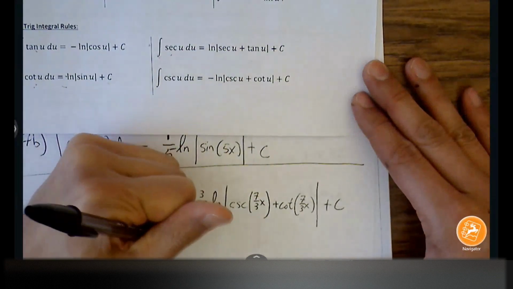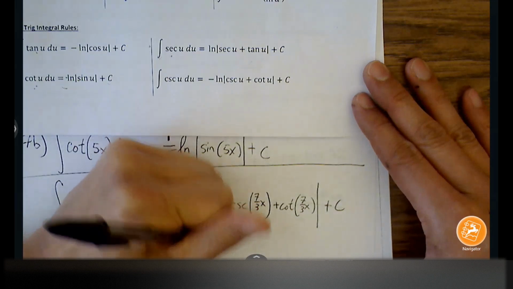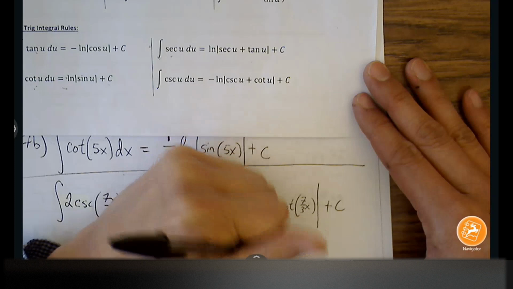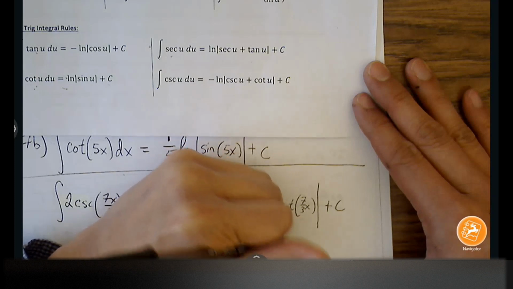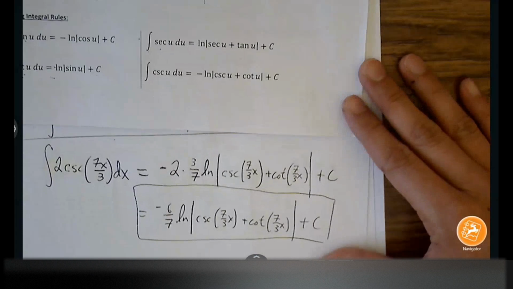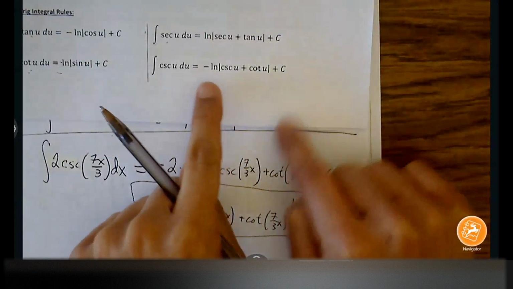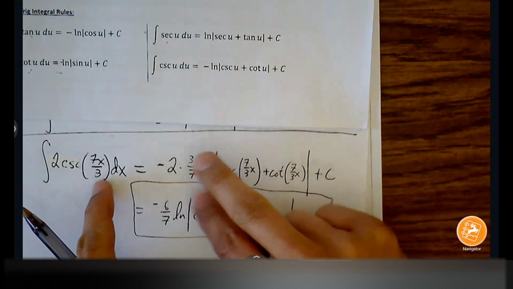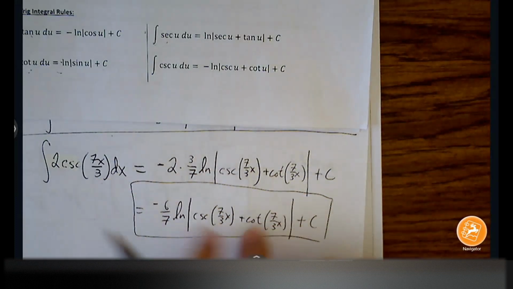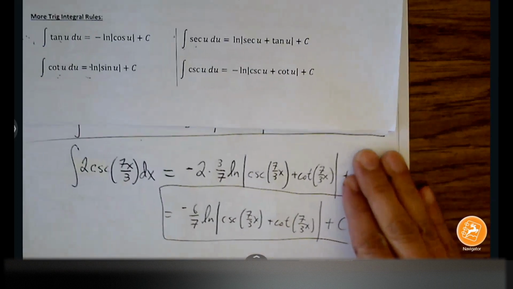Leave it like this or clean up a little further. Yeah, save a little bit of time. Jump directly into the answer. Just have to do a little bit of adjusting there, but we can save a lot of writing if we understand the process.